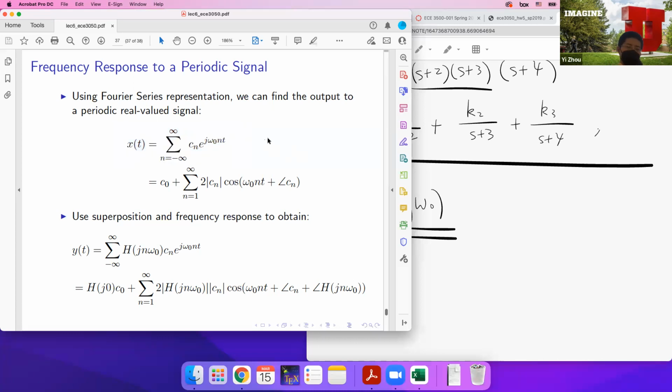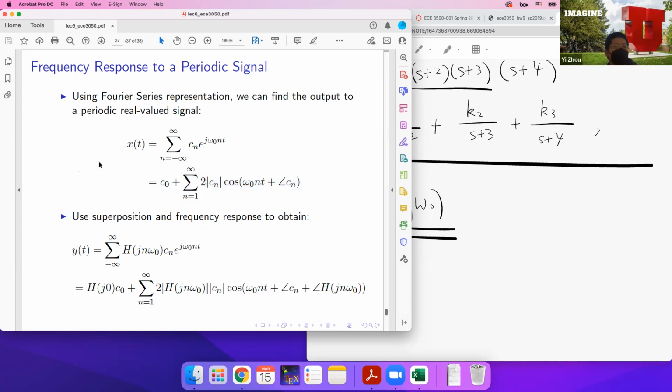And then in that lecture, we also showed that if the signal is periodic and real valued, then we can combine the terms with positive index with the terms with the corresponding negative index, so that this Fourier series can be written as a summation of sinusoidal series.